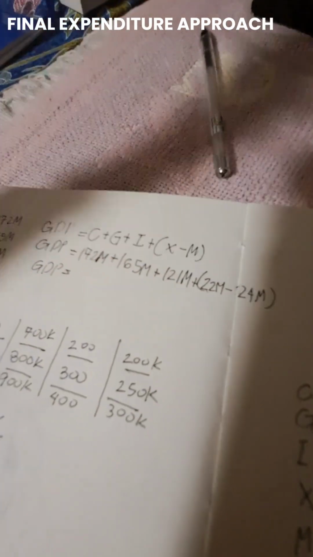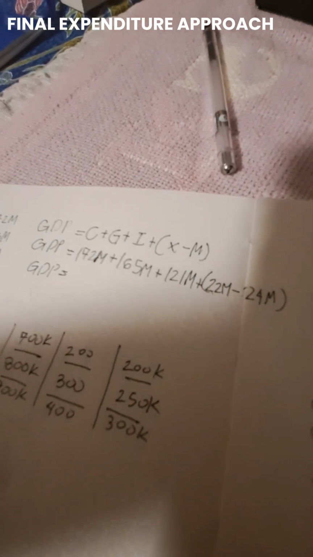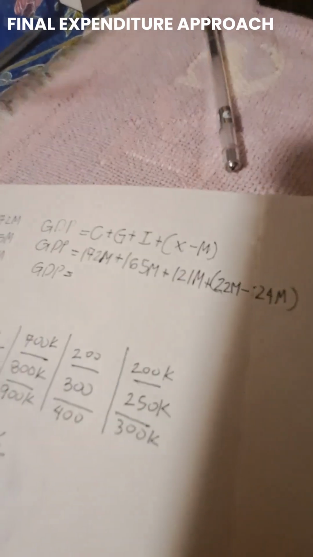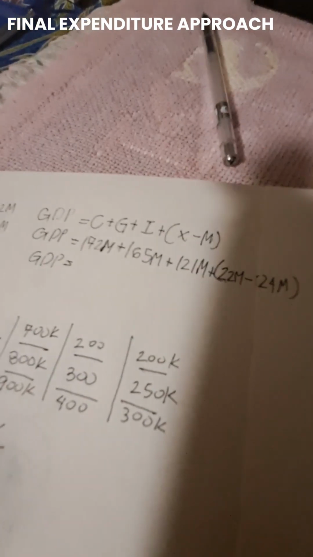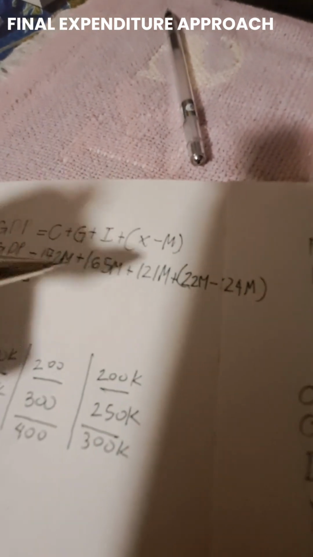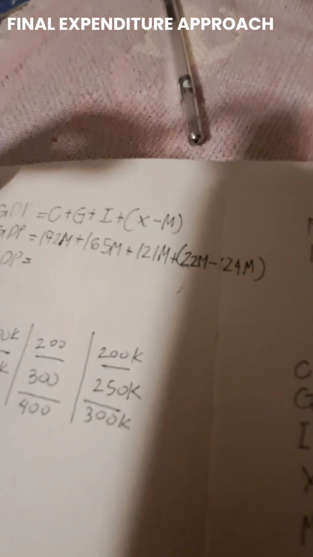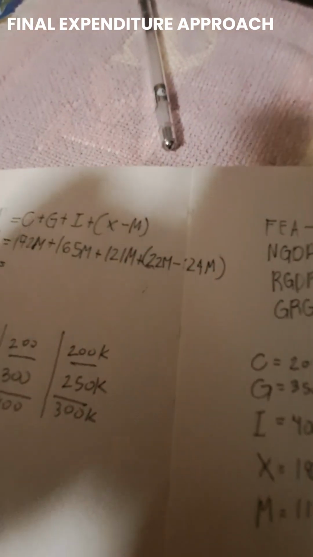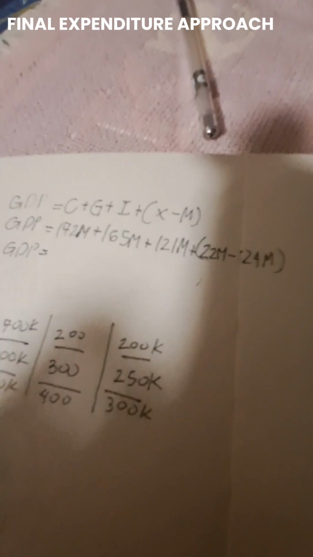We're going to start with 22 million minus 24 million. To make it easier, we can just do 2 minus 2, which is 0. Now we do 2 minus 4. 2 minus 4 is not 2, but negative 2.